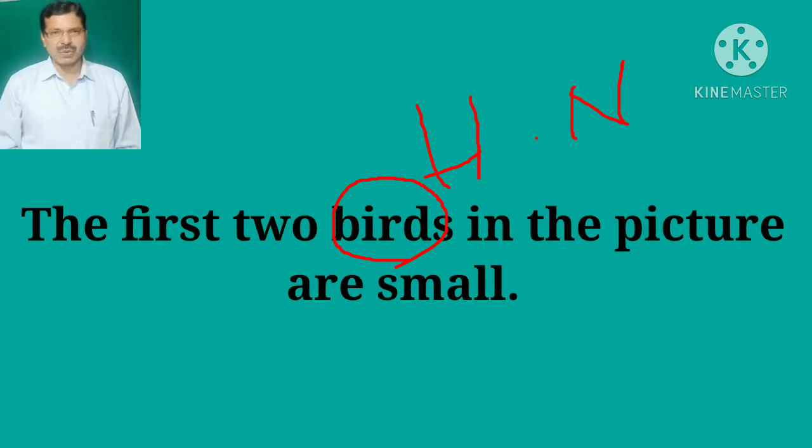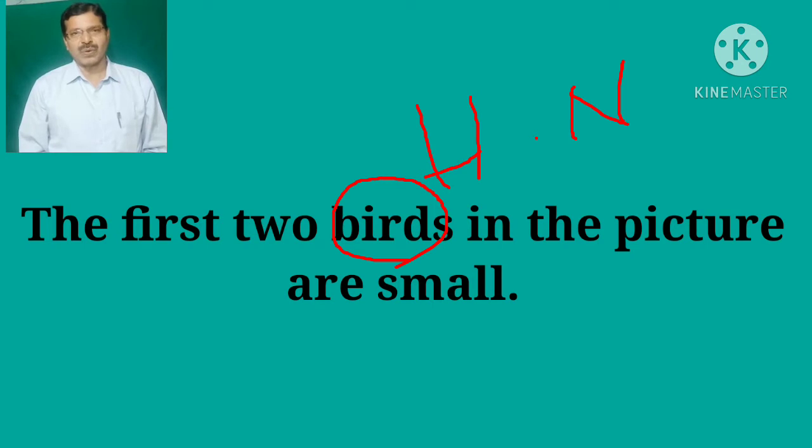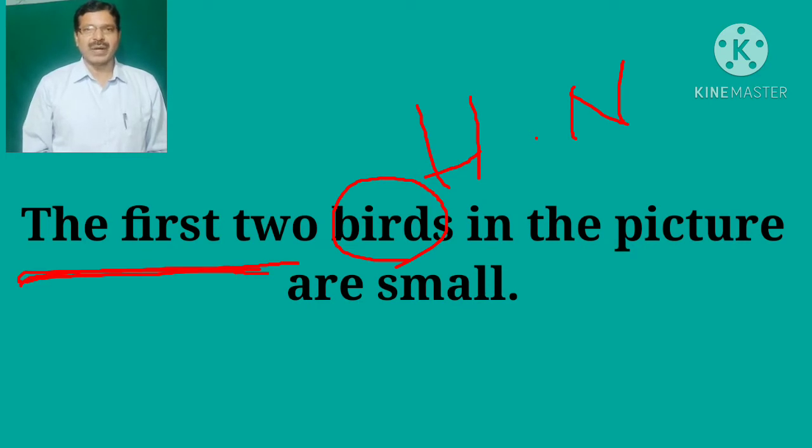The words that follow the head noun in the picture are called post determiners, and before the head noun you see the first two.